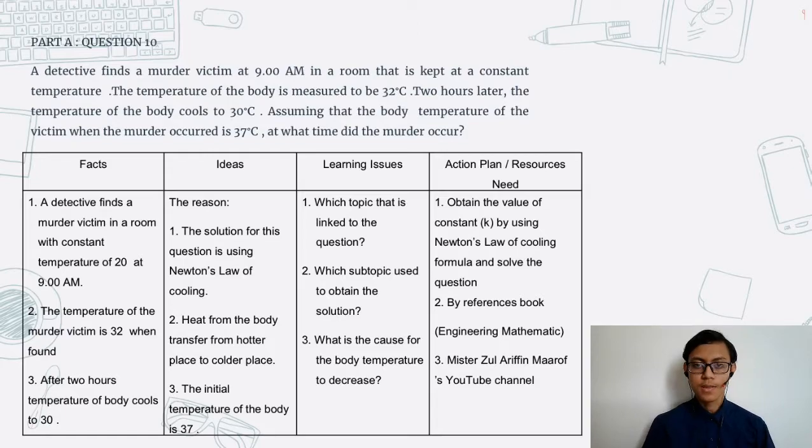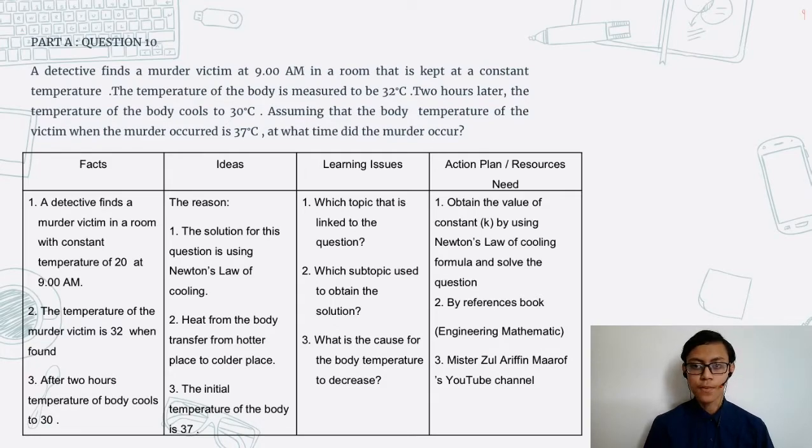Assalamualaikum warahmatullahi wabarakatuh. My name is Muhammad Faris Izzat Birosman, and I am going to present about the problem background. For the first part, which is part A, the problem is: a detective finds a murder victim at 9 AM in a room that is kept at a constant temperature of 20 degrees Celsius.